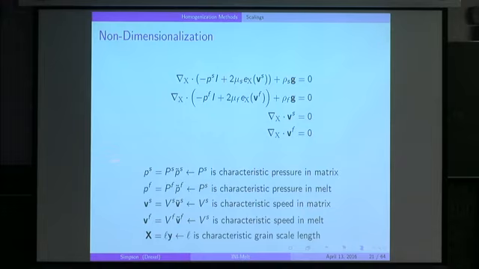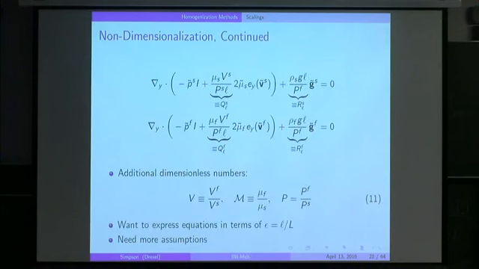So I'll use capital letters for my scaling parameters with the exception of the length scale, little l. After non-dimensionalizing the two force equations, we have four dimensionless numbers. I'm also including buoyancy here, in addition.